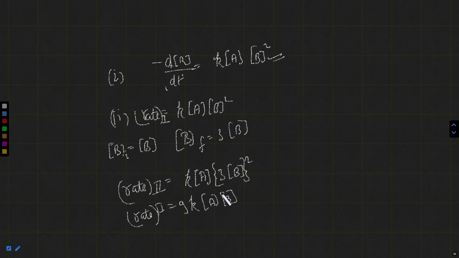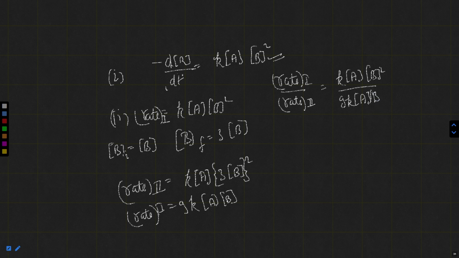Now divide both of these. So rate 1 by rate 2 will give you K A B square by 9 K A B square. Finally, the rate will now be 9 times the initial case.